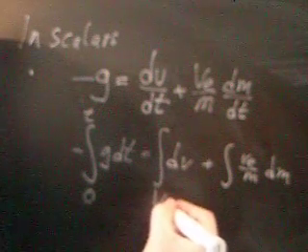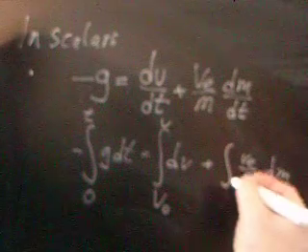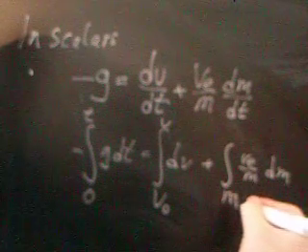The initial velocity will be v naught, and the initial mass of the rocket m naught.